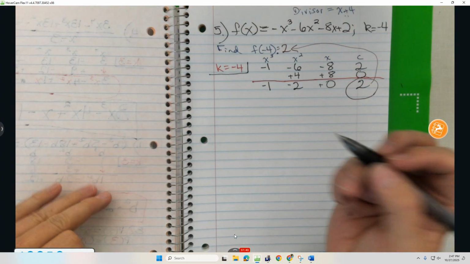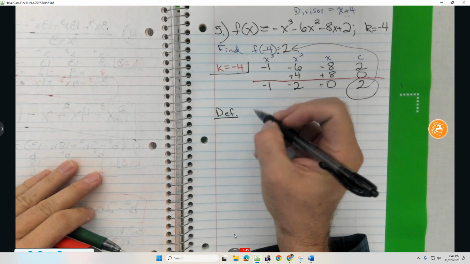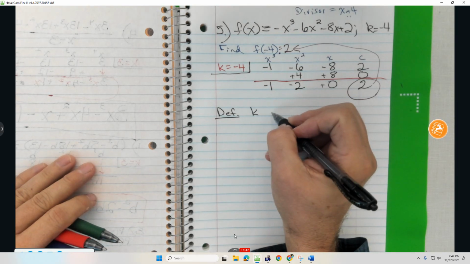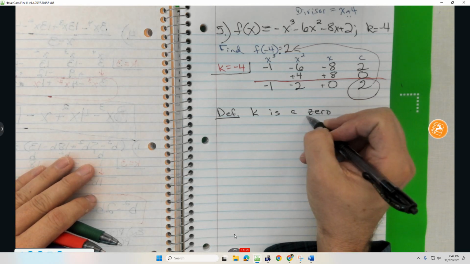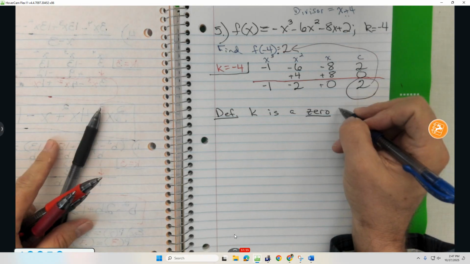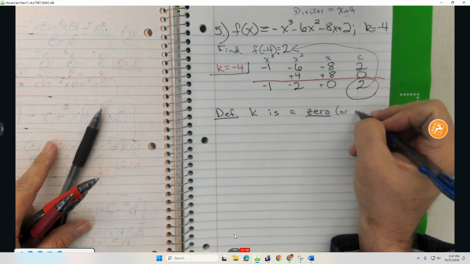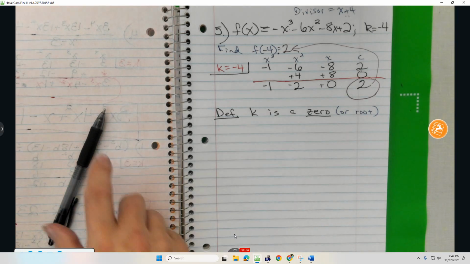Okay, I have some definitions first. The number k is a 0. I'm defining the word 0. It's also called a root, but I guess that's not quilting. People don't do that anymore, because it sounds like a square root. I agree.